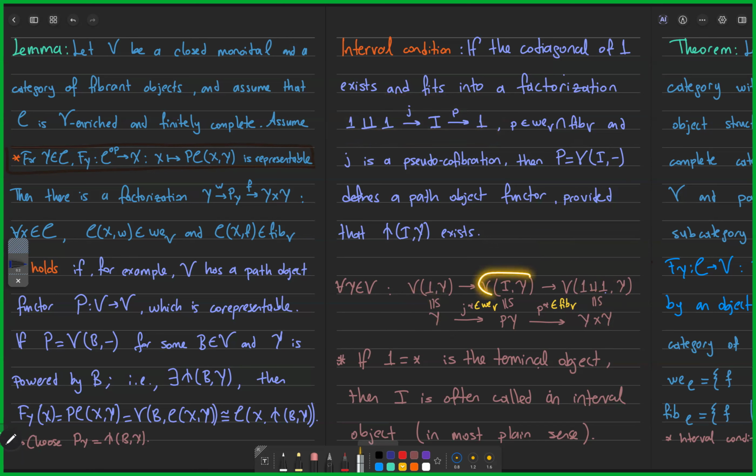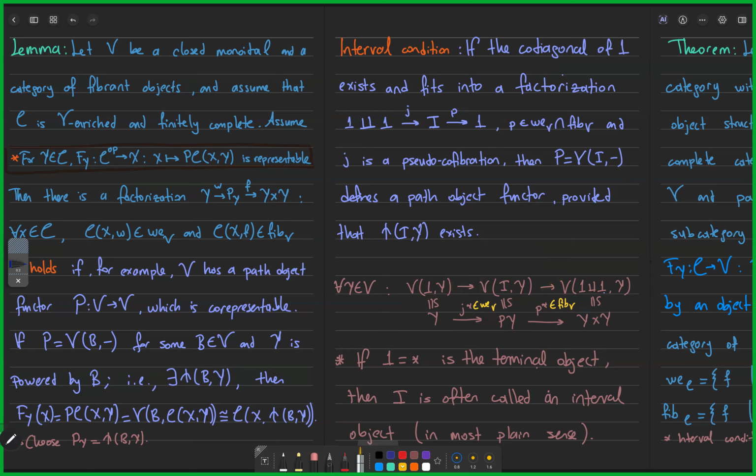So we can choose PY and identify PY like this, and here the first map is a weak equivalence and this map is a fibration. Because remember the definition of pseudo cofibration: when we take hom with pseudo cofibrations, it sends them to fibrations.